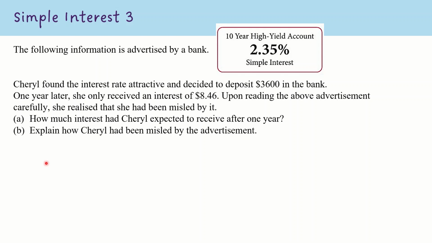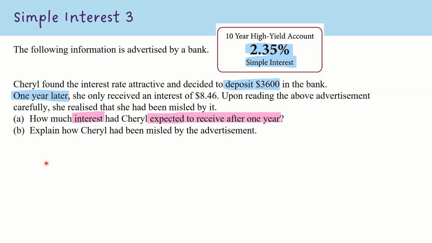So in part A itself, we want to find out what is the interest, and that is after 1 year. So going back to the question, we identify important information that will help us answer the question, and that is the deposit of $3,600, which is the principal amount, and then there is 1 year later, which is the focus, which means our time is 1 year, and then there is 2.35% simple interest.